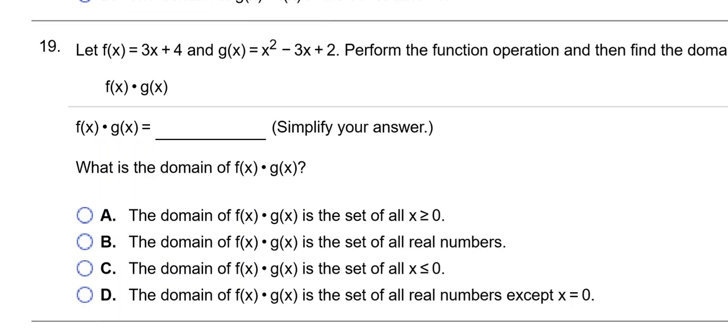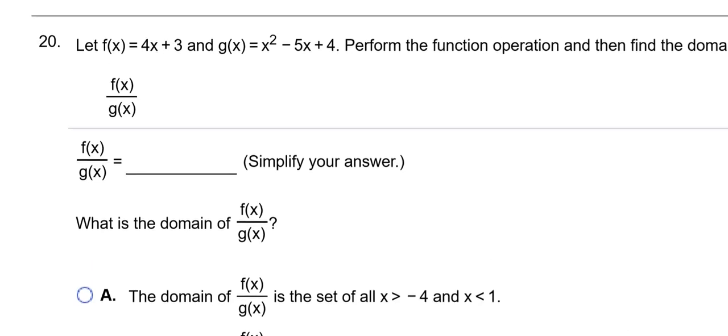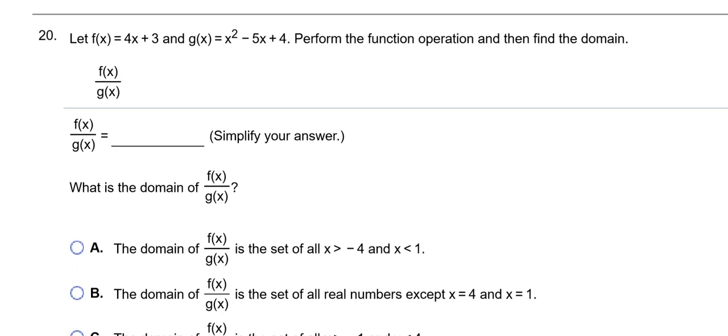If I get to 18 and 19, I'll come back, but I would really like to focus on 20. Make sure we get this one covered. Go ahead and write out f of x over g of x. No, we're not done.